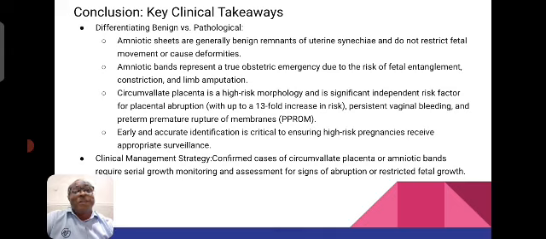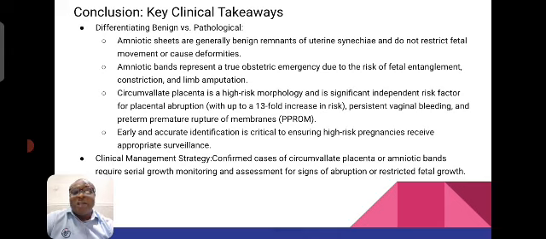Now, circumvallate placenta is a high-risk morphology and is a significant independent risk factor for placenta abruption, up to a 13-fold increase in risk, persistent vaginal bleeding and premature rupture of membranes. Early and accurate identification is critical to ensure high-risk pregnancies receive appropriate surveillance.